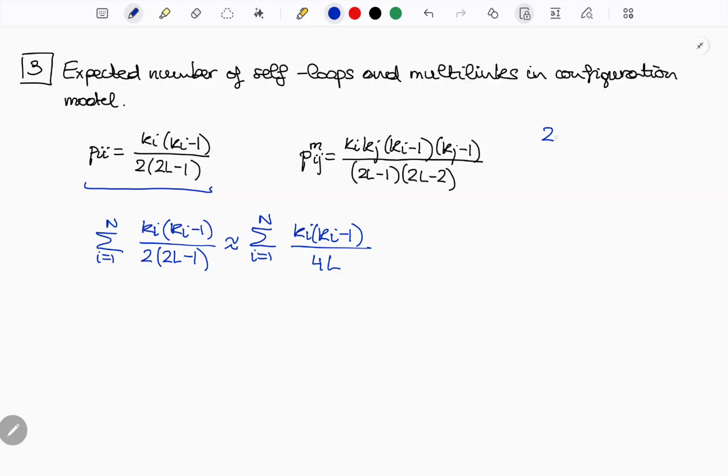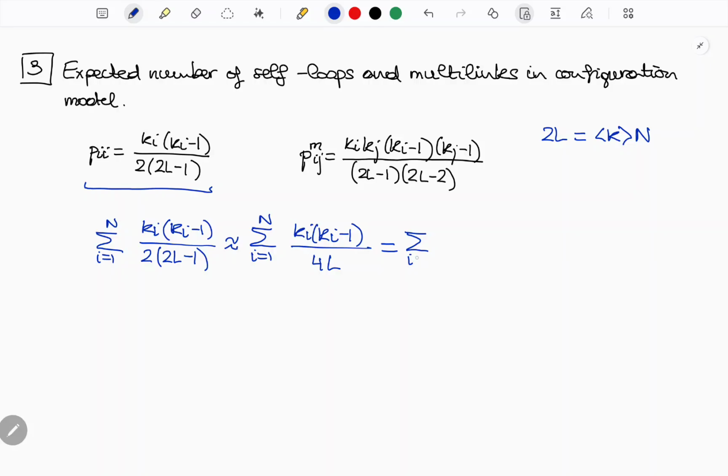Now, 2L is equal to the total number of links, which in an undirected network, because the configuration model usually is defined for an undirected network, and we saw in classroom that it was an undirected network, this is the average degree times the number of nodes. So this is what I'm going to write instead of 2L. And I'm going to expand this expression on the ki's.